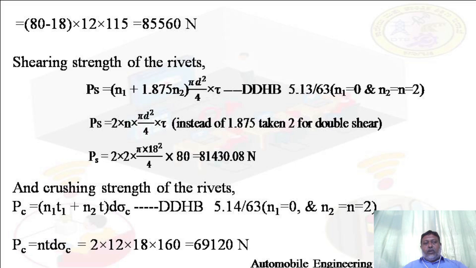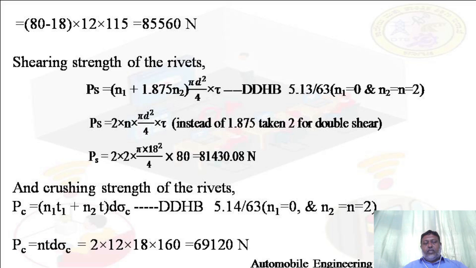So now we are not considering the boiler. The same equation is there in the data handbook, no other equations are there for PS, so we have to mention the equation and round it off. 1.875 should be rounded off to 2 for further calculation.